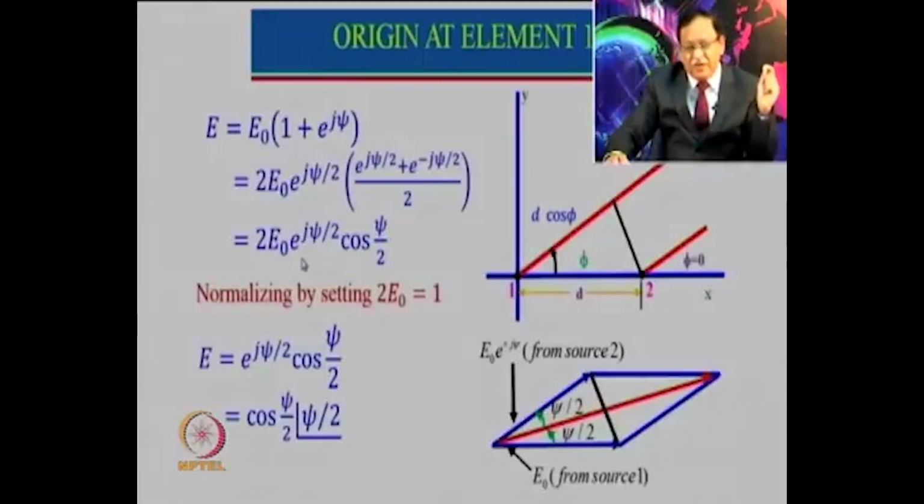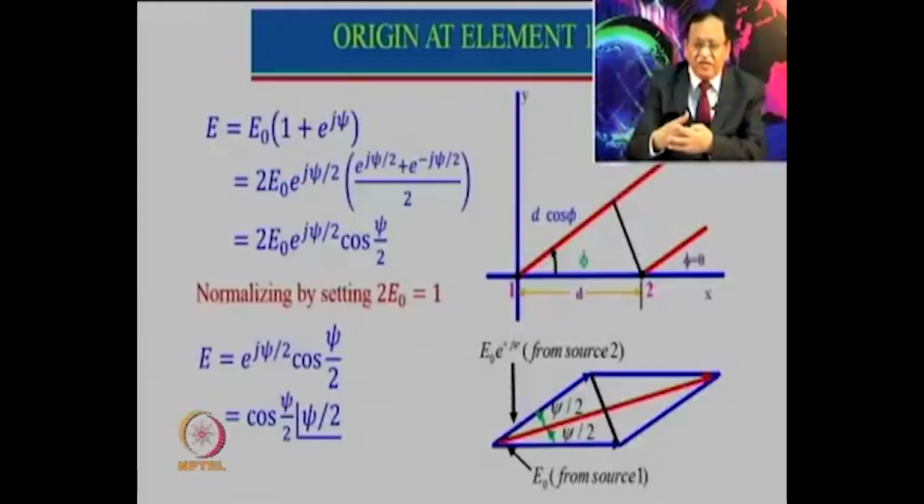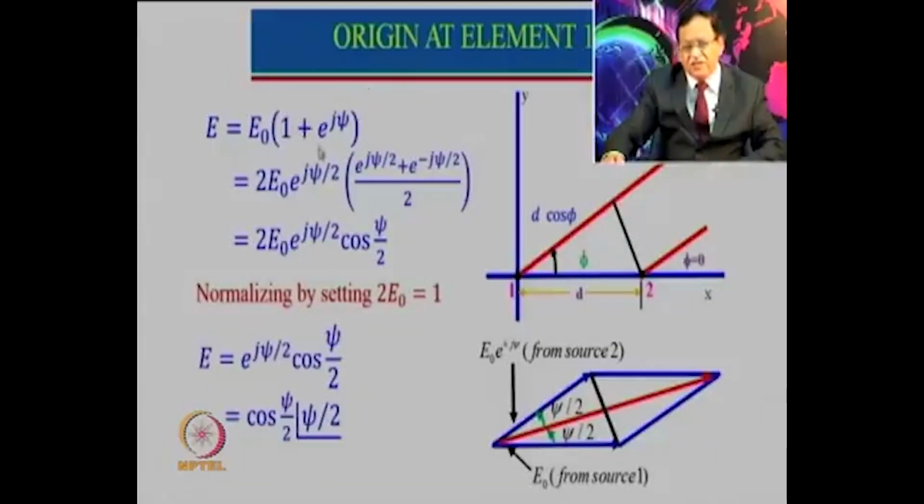We are concerned about the phase term only when you are trying to do a vectorial sum of different elements, but once you have done the vectorial sum, after that we are only interested in the magnitude of the whole system. So now by setting E0 equal to 1, we can write exactly the same expression as before. Of course there is a phase term which we are going to neglect, and this entire equation can also be looked at in graphical form.